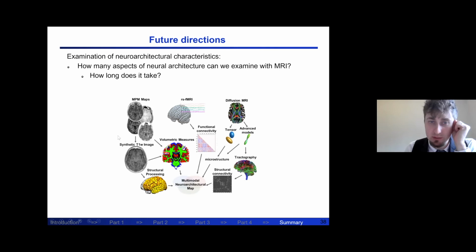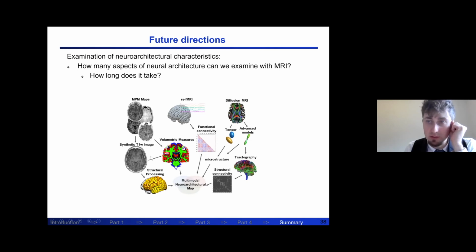So this is a quantitative multi-parameter mapping. It is in some ways similar to a T1. You can generate a synthetic T1 from the sequence, but you can also get something more out of it, for instance, myelination estimates and other things as well.